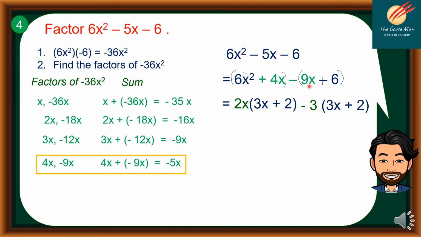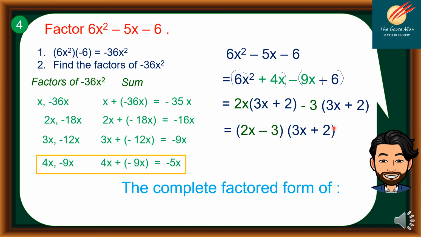So 9x divided by negative 3, we will have 3x. However, 6 divided by negative 3, we have positive 2. Then I'll put together 2x and minus 3. So factoring by grouping, I have 2x minus 3. Then the common factor is 3x plus 2, so this is considered as one factor.